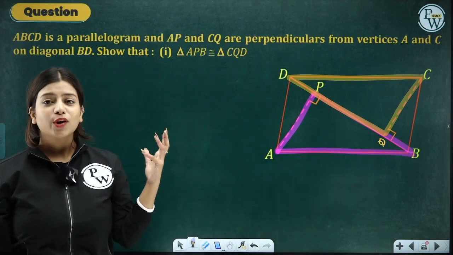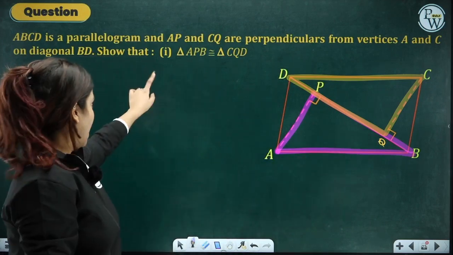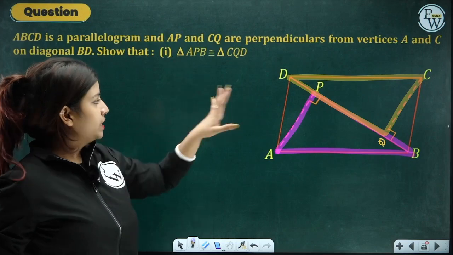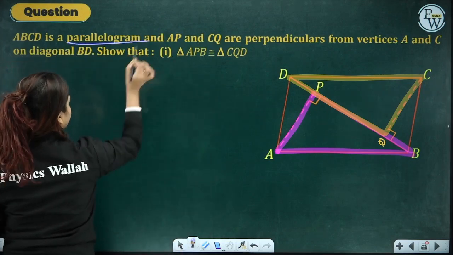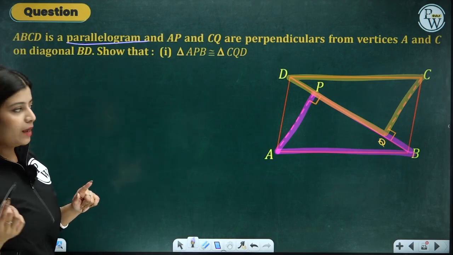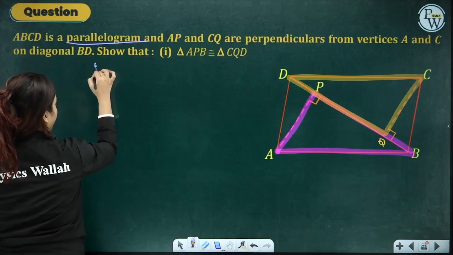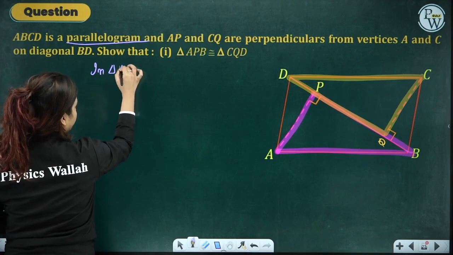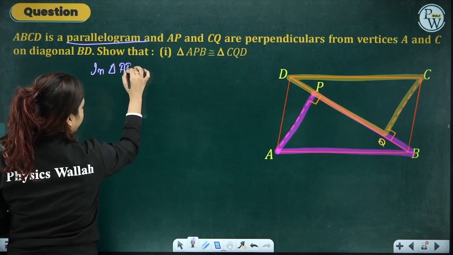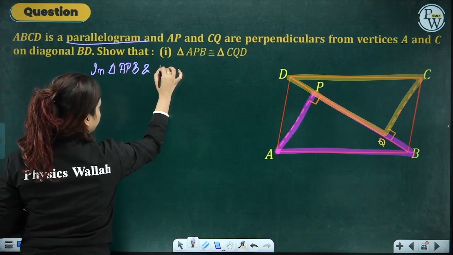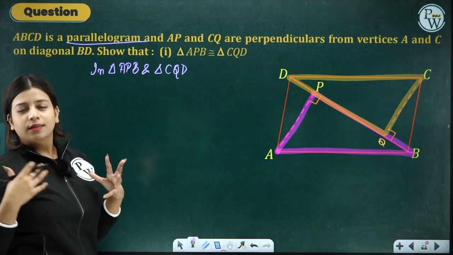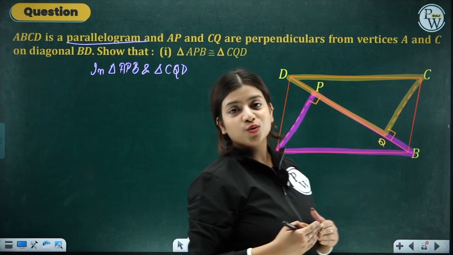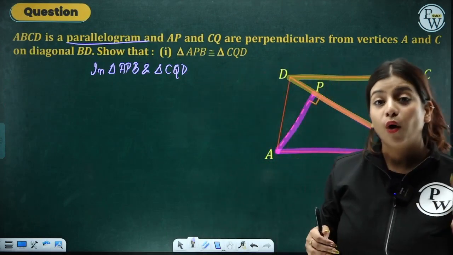Now let us do this question. We have to prove the congruency of these two triangles. We have to prove in the first part that APB is congruent to CQD. The very first thing that is given to us is that ABCD is a parallelogram, students. Now, in your triangle APB and your triangle CQD, what are the things that we can take in these two triangles to make them congruent?